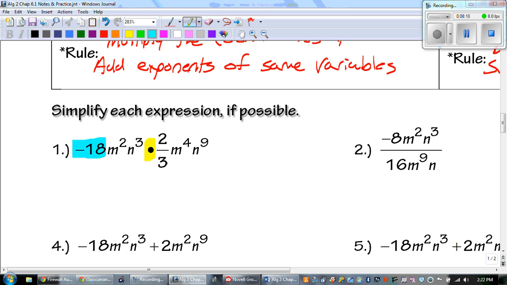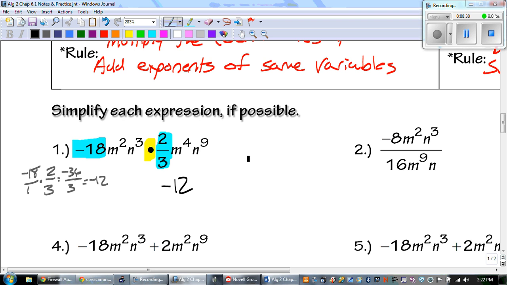So I have -18 and 2/3. If you don't know that, you're doing -18 over 1 times 2 over 3. There's multiple ways that you can do this. I multiply straight across, and then I reduce. So I get -12.